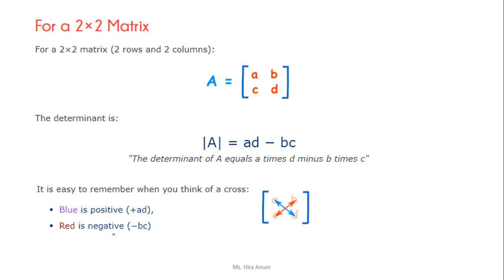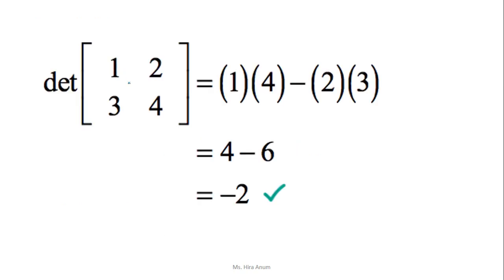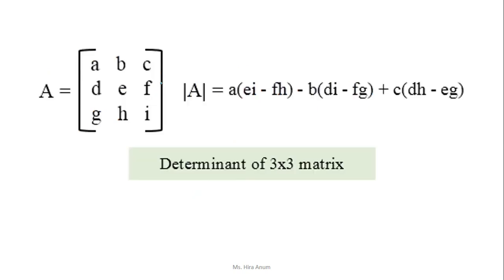Blue lines are positive and red lines are negative. You can see this determinant: 1 multiplied by 4 is 4, 3 multiplied by 2 is 6. Before this you write the sign minus 6. The answer is minus 2.